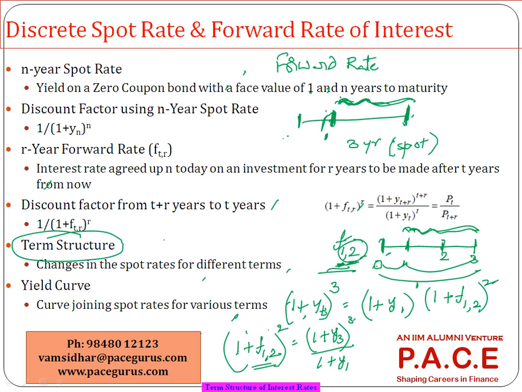That particular curve is what we call as the yield curve, and the changes that are coming out to the various rates are what are called as the term structures. The curve is called as the yield curve or the spot rate curve, because we are plotting the spot rates across the various time points, and because the interest rates are changing for different yields, we are calling that particular graph as a yield curve.